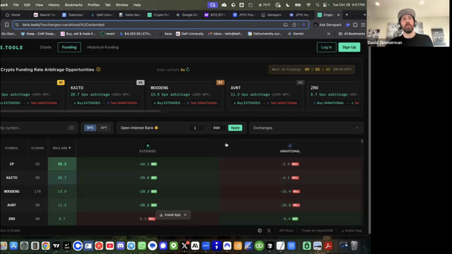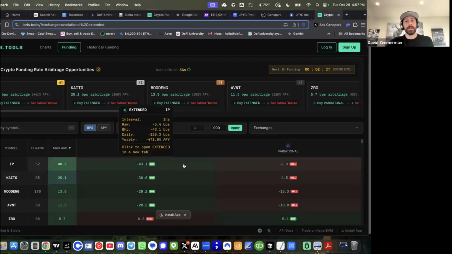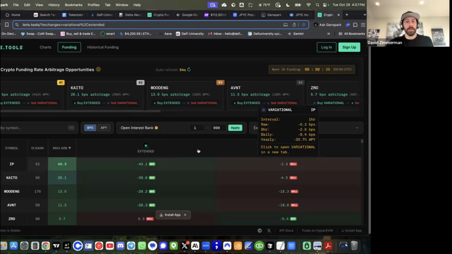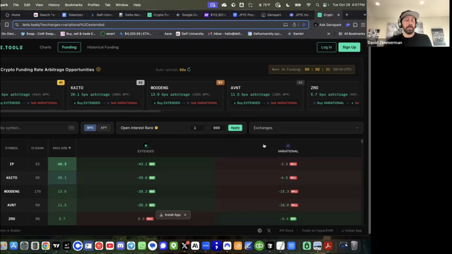Yeah, well, the whole point of funding rate in these perp DEXes is to keep the price on the perp DEX as close to the spot price as possible. That's the whole point. So I have to think that the reason there's such a discrepancy between these two particular perp DEXes simply comes down to trading volume on each one.